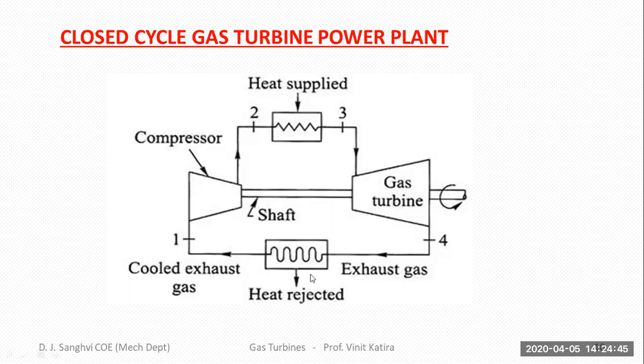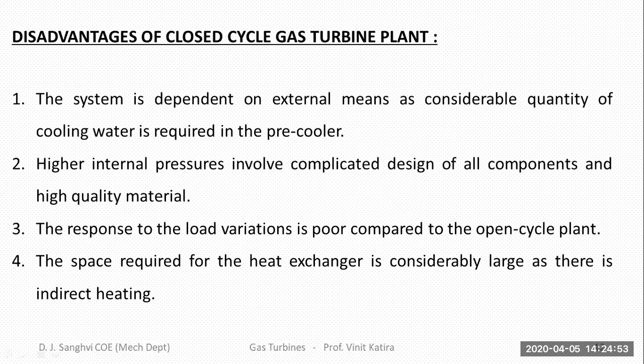So here you need an additional cooling mechanism, which is going to add to your cost. And then again you will need to cool that water as well. So this system is dependent on external means for cooling.